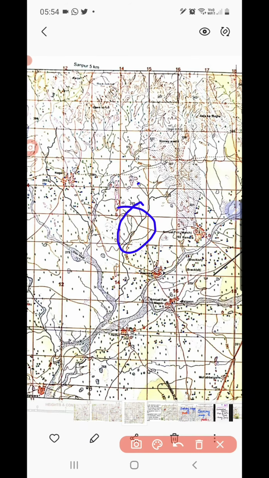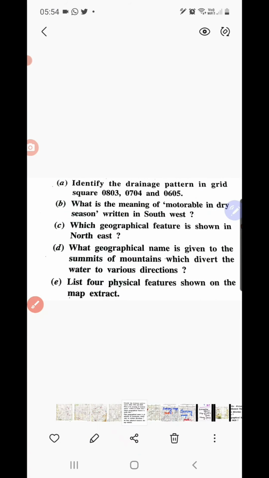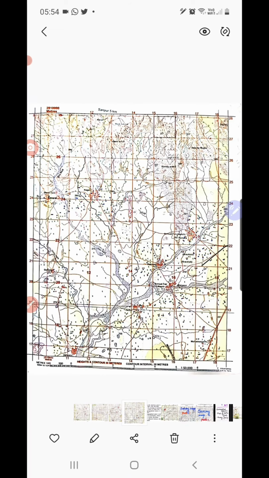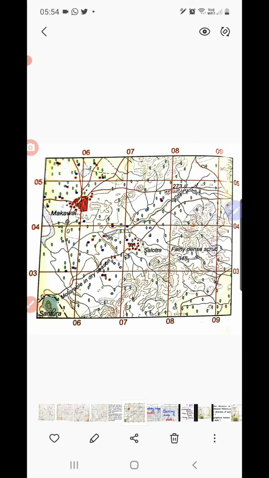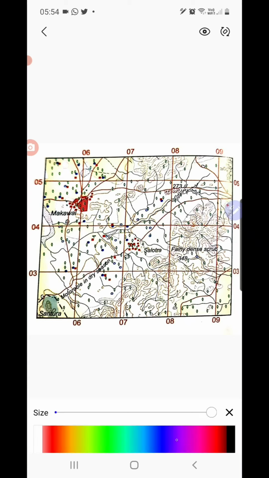What is the meaning of motorable in dry season written in southwest? Where is southwest here? You know the direction very well. This is southwest. This is northeast. Here is southeast. And here is northwest.